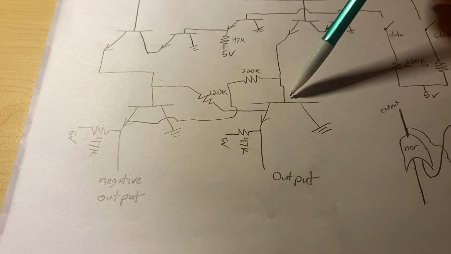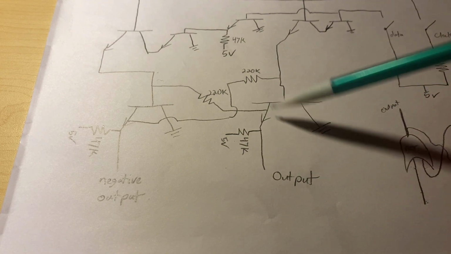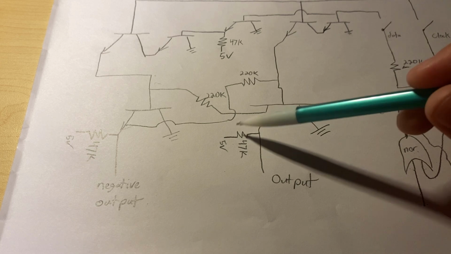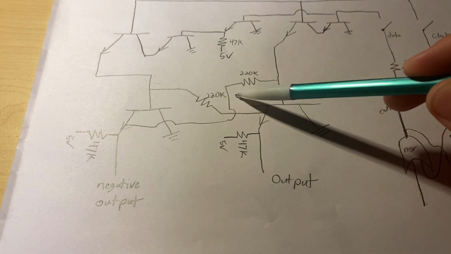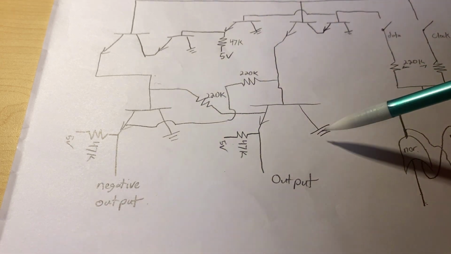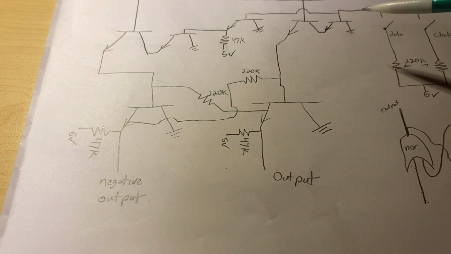And when it opens up this gate, current can start moving through there like this, because now the path of least resistance isn't through the 220 kilo ohm resistor, it's just through the transistor itself, which opens up that gate. And the same thing's on this side.